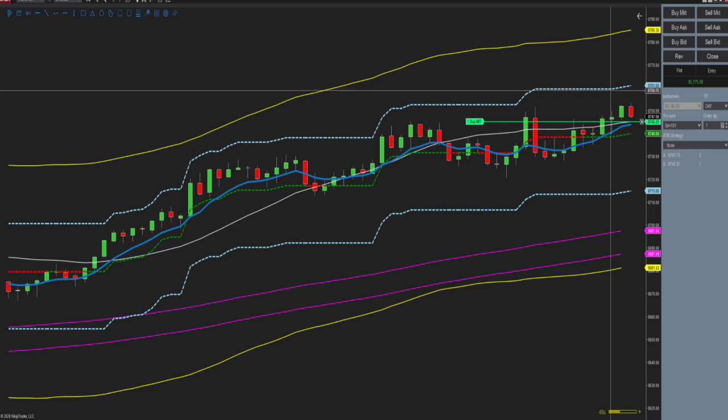If not, 58.75 will be the target. Just I don't like it that still the EMA is down under the hold.